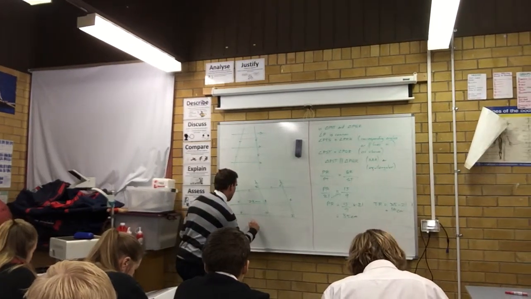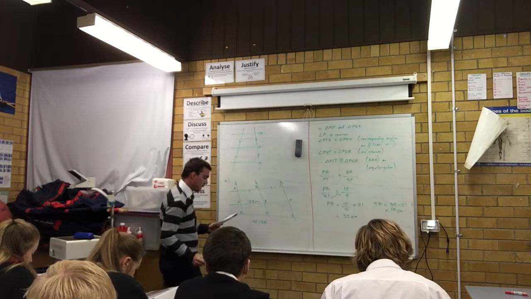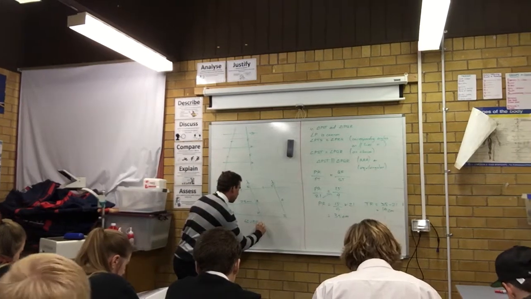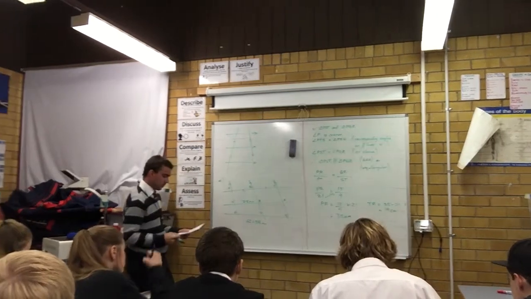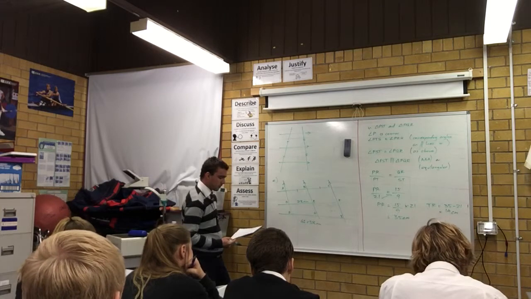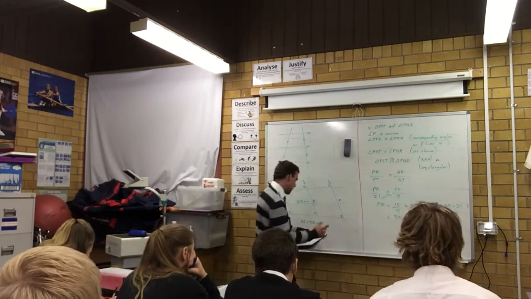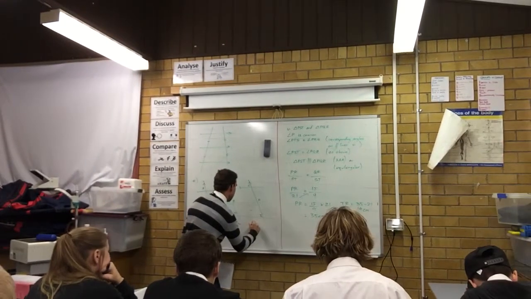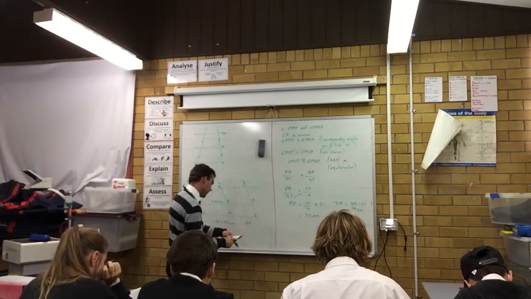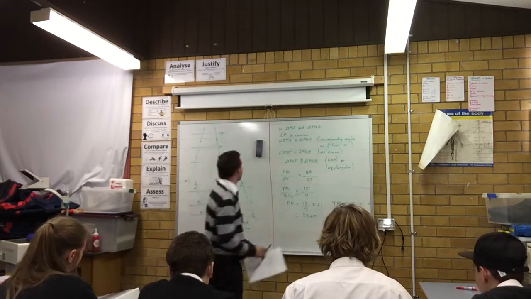So GI is equal to 58 millimeters. Alright, so we need to find EF. We also need to find GH.